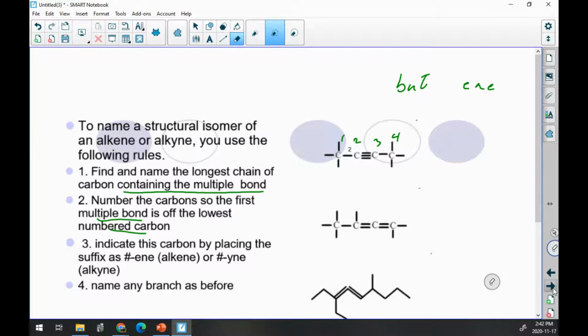So I have to indicate that this is called but-2-ene. 2-ene means that I messed that up, because I saw a double bond when I should have seen a triple bond. It's yne, triple bond, yne. It has a triple bond, and this is telling me the carbon that it comes off of. 2 comes off the second one. I can also do but-1.